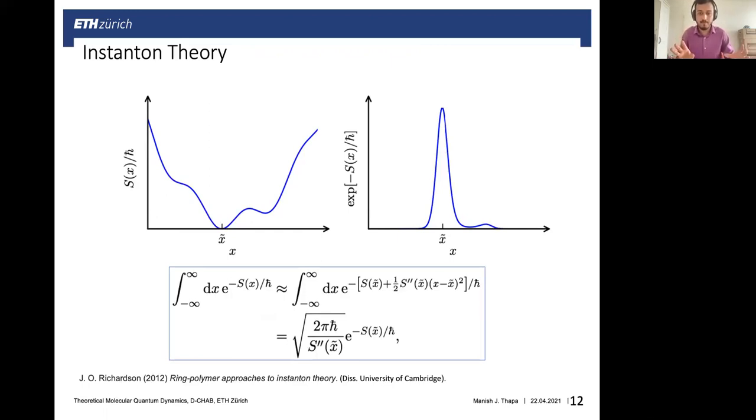For systems with multiple ways to react, or multiple instantons, you will have something like two of these curves overlapping, and the whole thing will look sort of oscillatory. For those systems, instanton theory is not good. In my PhD thesis, I developed an approach that goes beyond instanton theory. We call it golden rule quantum transition state theory, GRQTST.